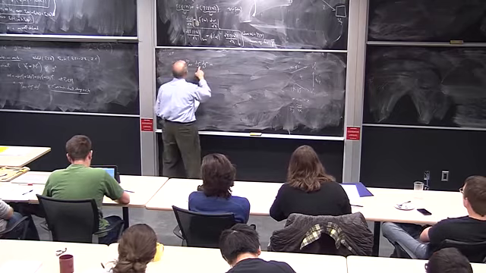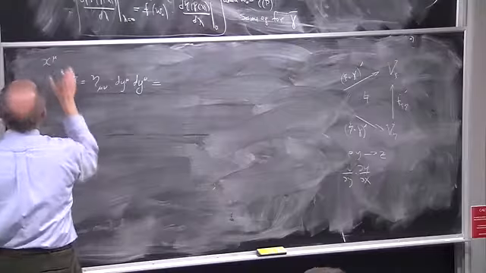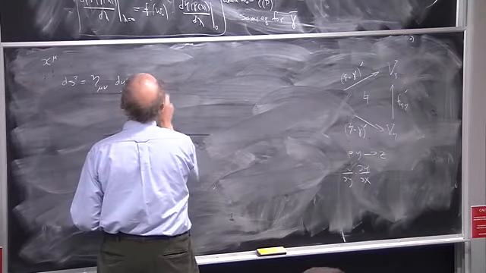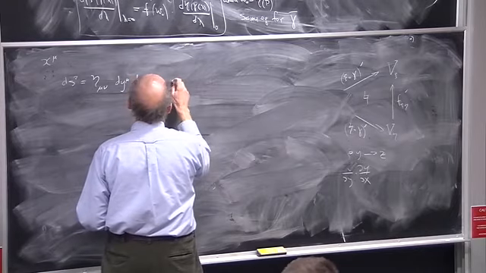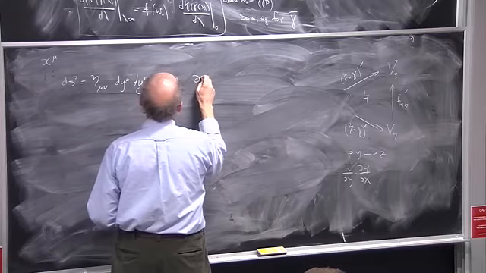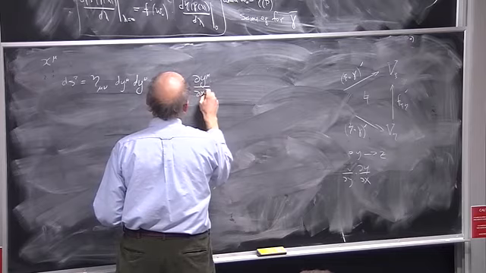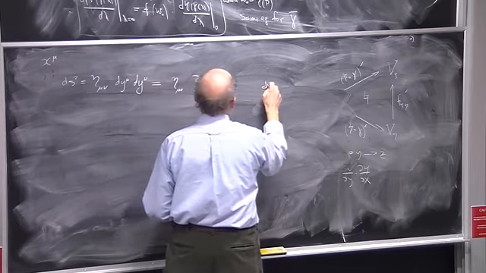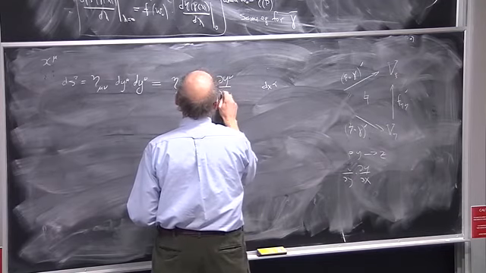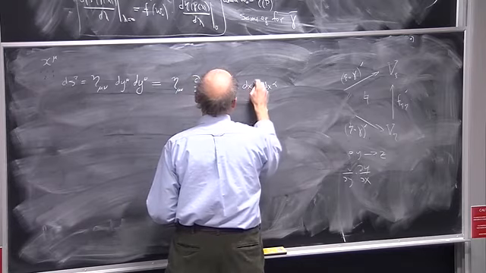But since a change of coordinates is always a differentiable transformation, we can rewrite dy^μ as ∂y^μ/∂x^α times dx^α, and dy^ν is ∂y^ν/∂x^β times dx^β.